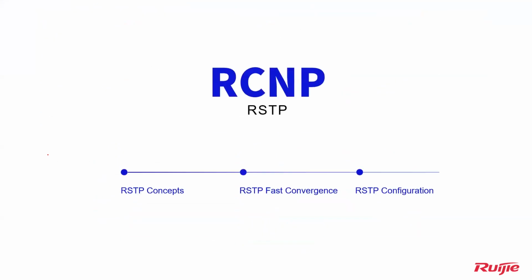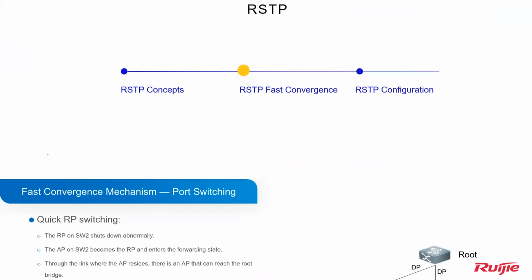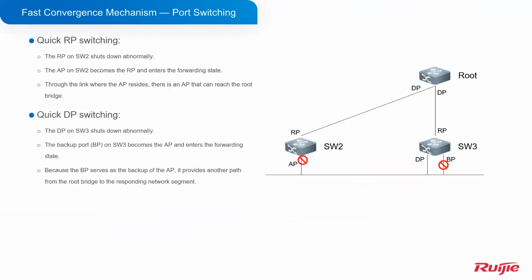After knowing these concepts, next let's see how the network recovers when we use RSTP. First is the quick RP switching. The RP on SW2 shuts down abnormally, which is here.